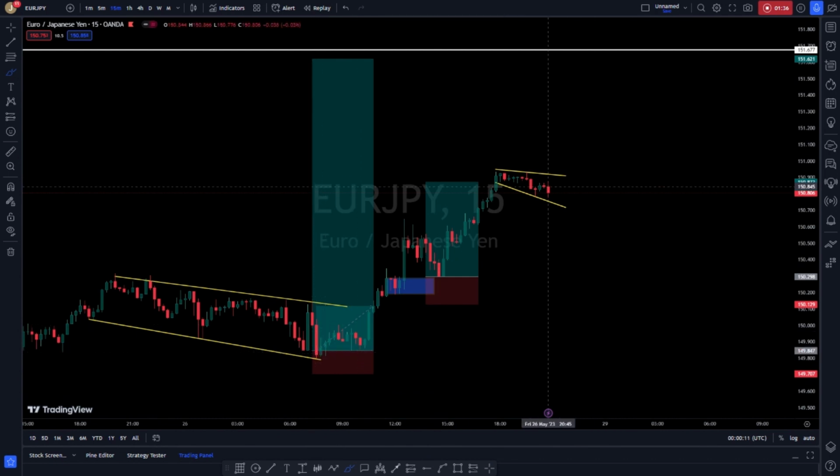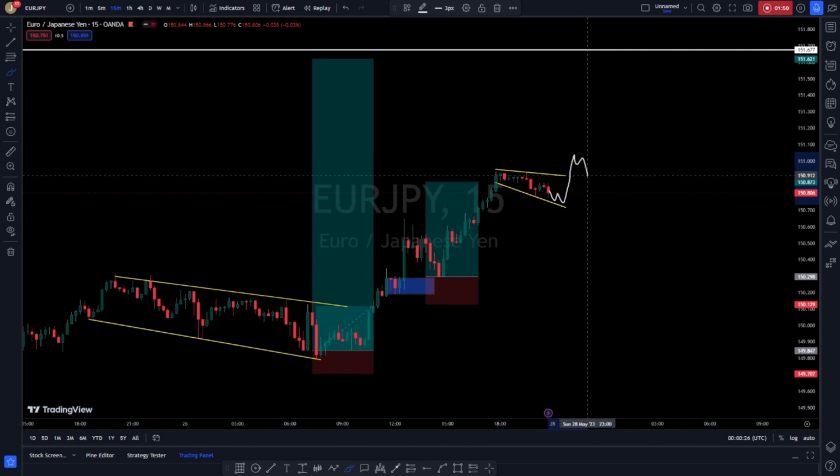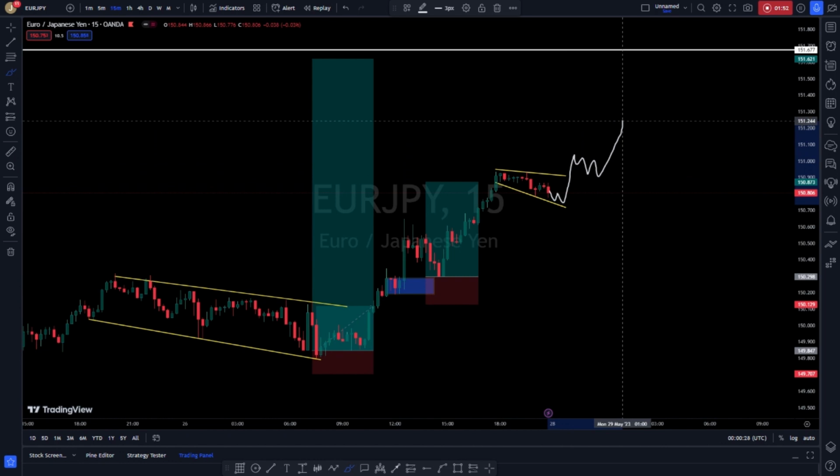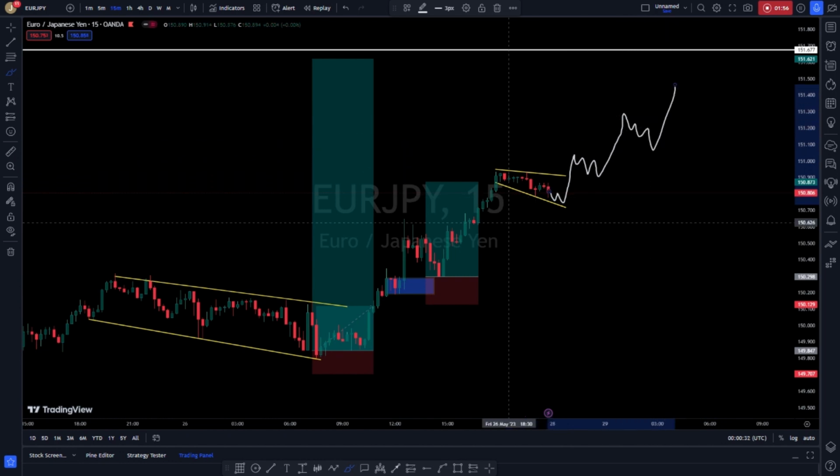So what I would actually be waiting for is something like this. The correction is almost formed. Be waiting for something like this, for it to tag me in.